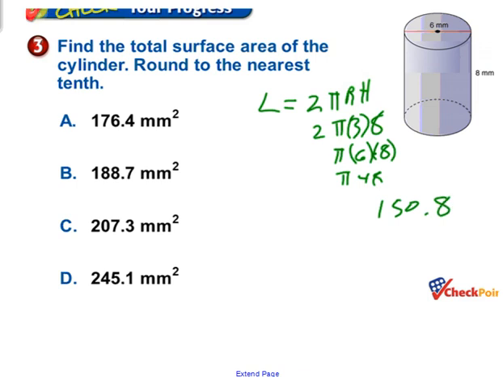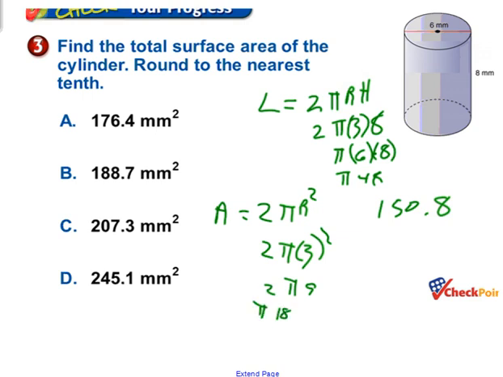150.8, that's the surface area around the can where the label would go. Now I need to find the area of the base, and I need to double it. So it's 2πr squared. So it's 2 times pi times the radius, which is 3 squared. So it's 9 times pi times 2, or 18 times pi, which is 56.5.